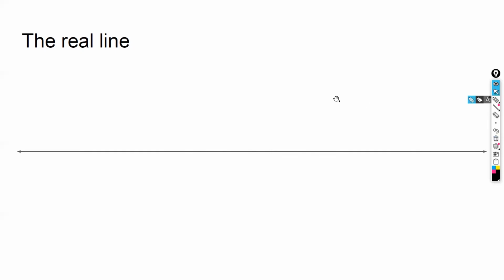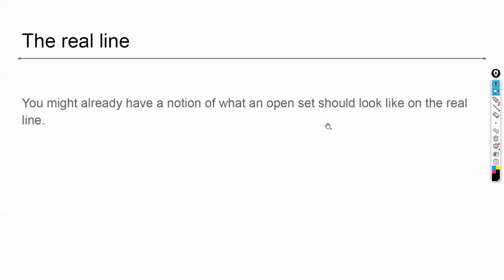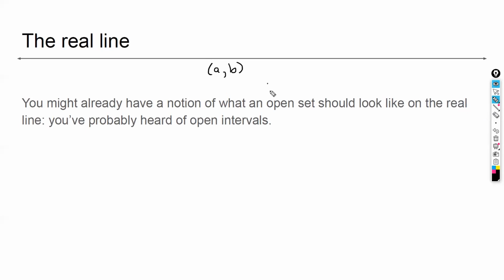Well, remember that when we're thinking about topologies, we're thinking about what are the open sets. And you might already have an idea of what an open set should look like on the real line because you've probably already heard of open intervals. These are intervals like (a, b), where a and b are real numbers. For example, (0, 1) is an open interval, which is going to be the set containing all of the numbers between 0 and 1, not including 0 and 1.